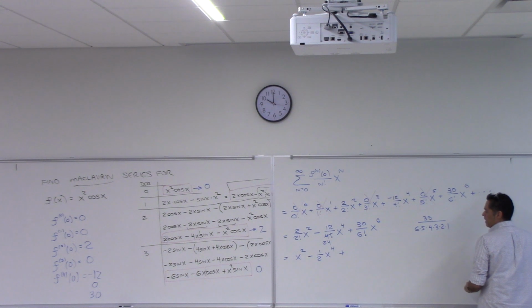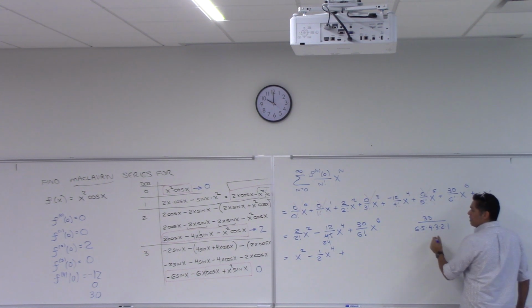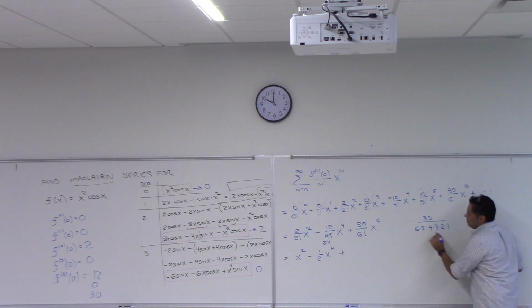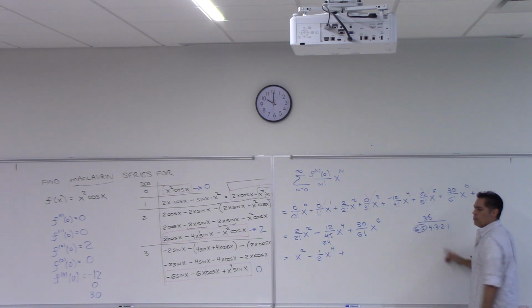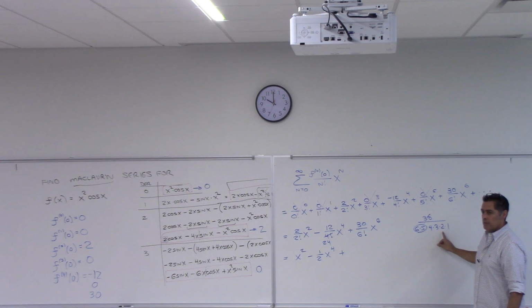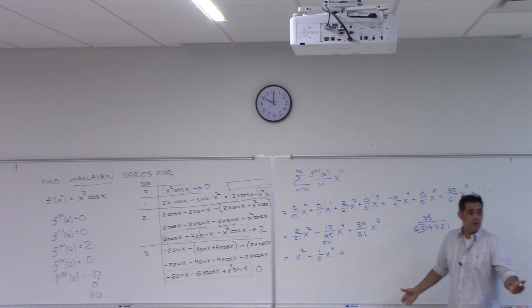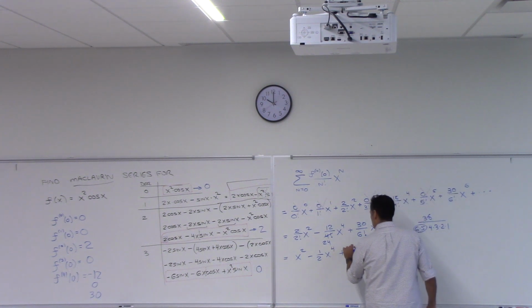It's 30 over 6 factorial. But if this is 6 factorial, what's 6 times 5? That's 30, right? So the 30s cancel and you just get 1 over 4 factorial.